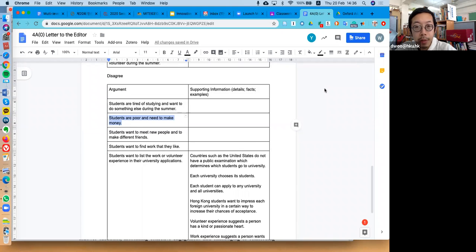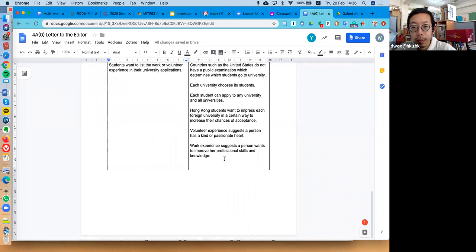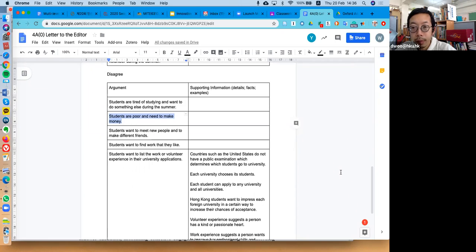Moon, Pensy? Okay. To make money. Students need money to regularly buy exercise books.